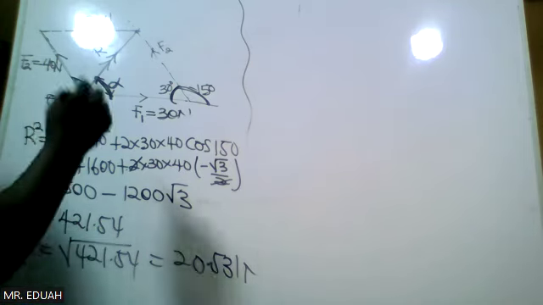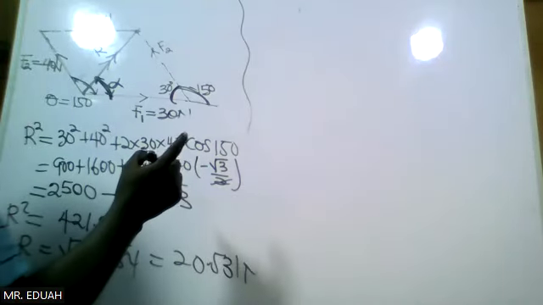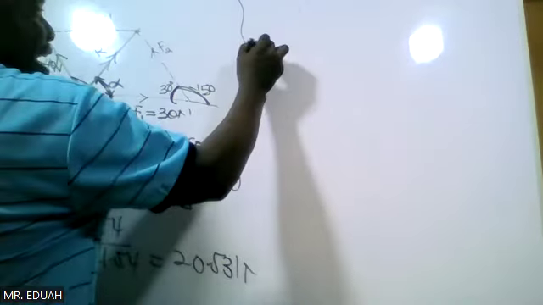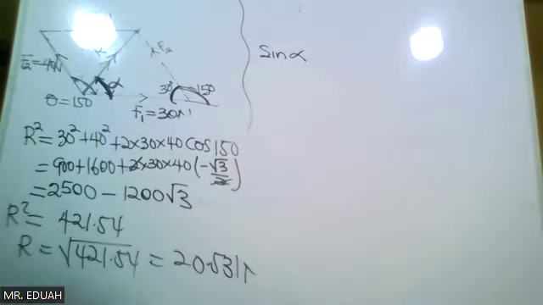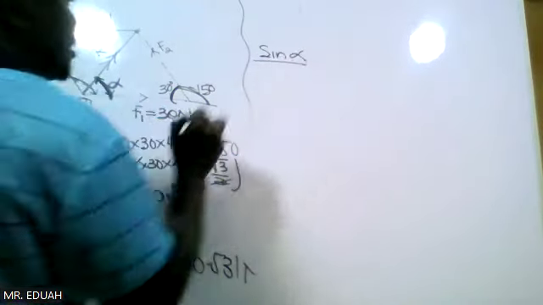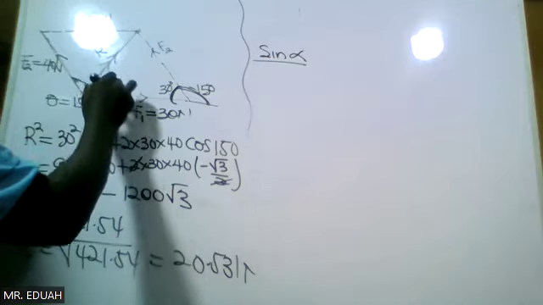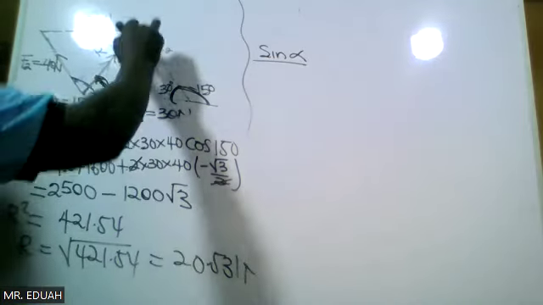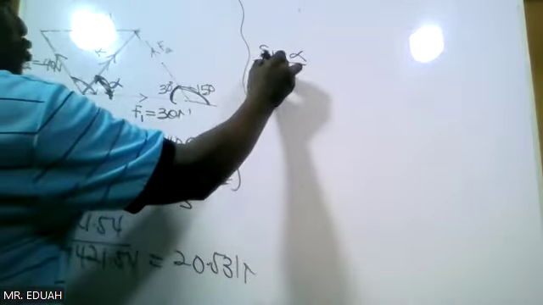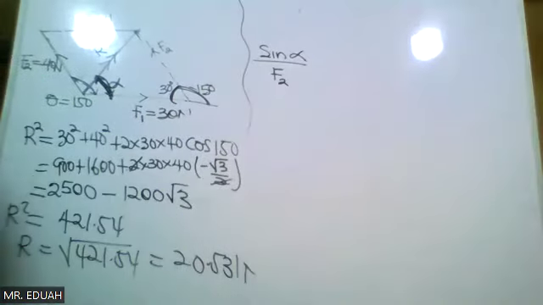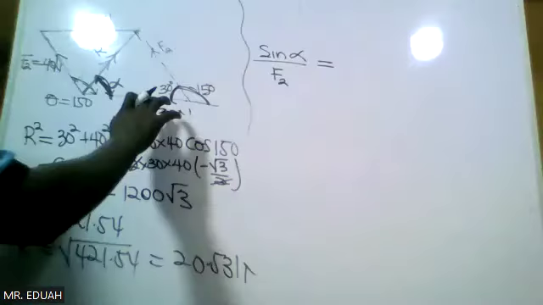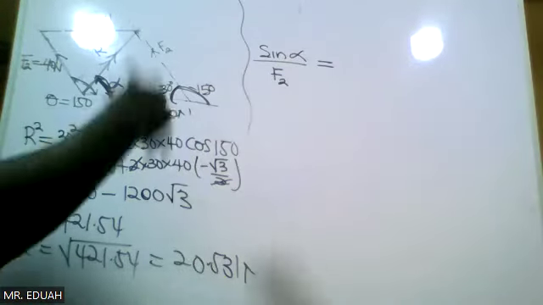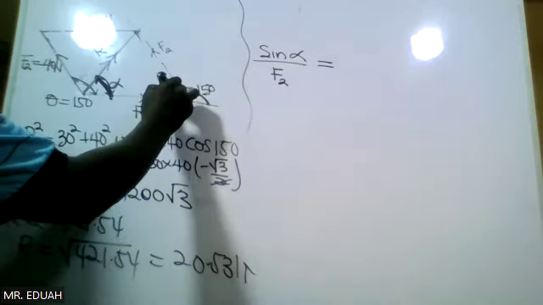So if you are to use the sine rule, the sine of the angle in question, alpha, where we let the direction be alpha, over the side opposite to the angle, which is F2, must be equal to the sine of any other available angle. 30 is available.